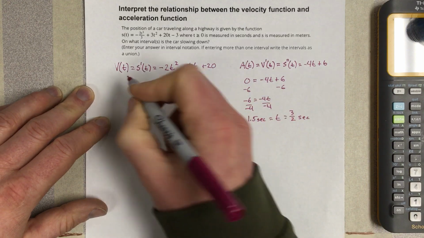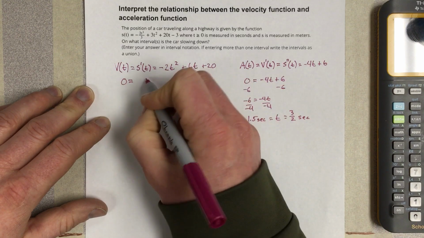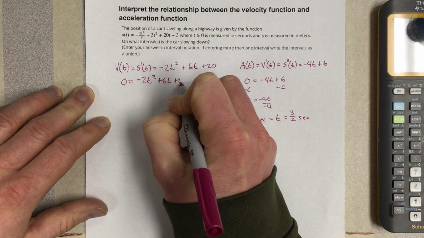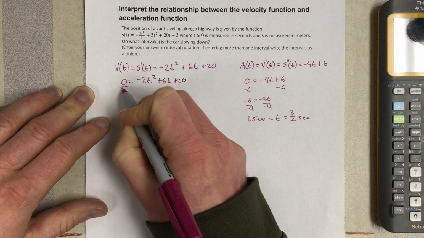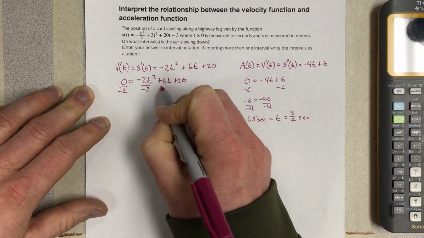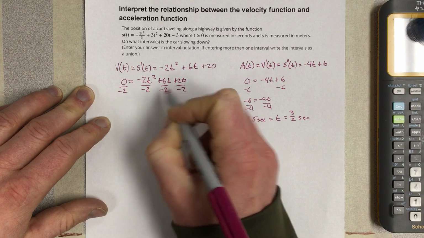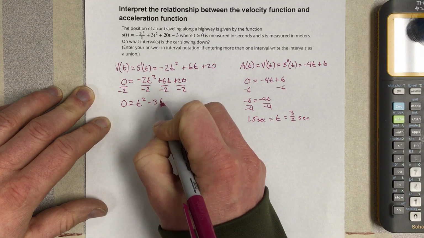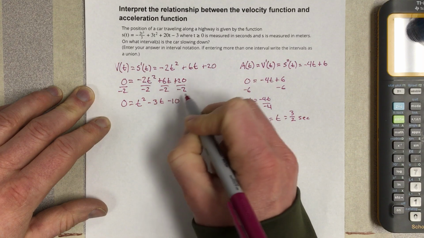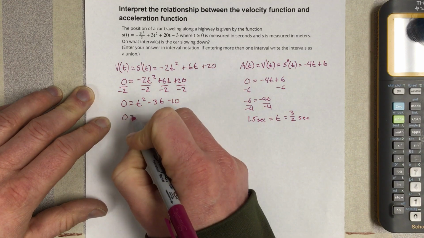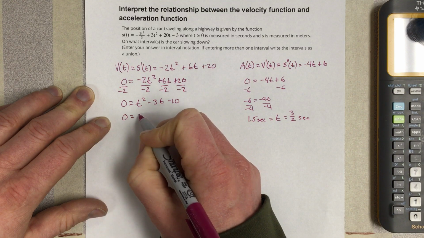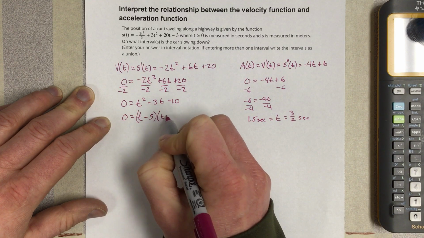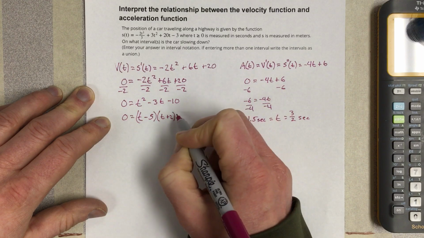Do the same thing for the velocity. I set the velocity equal to 0: negative 2t squared plus 6t plus 20. We're going to divide each piece by negative 2, and we get 0 equal to t squared minus 3t minus 10, which factors to t minus 5 times t plus 2 equals 0.